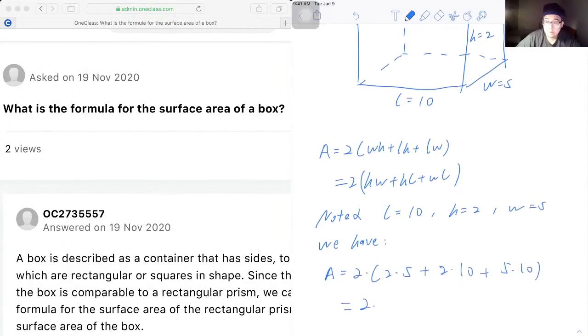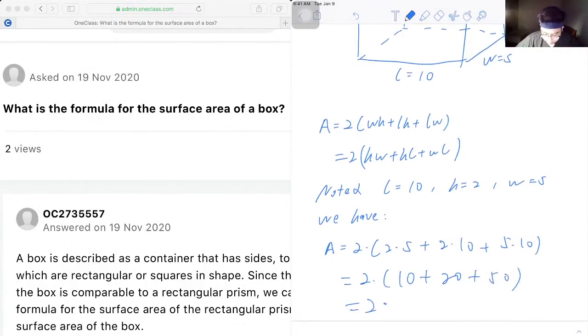We just need to simplify this, so that's going to be 10 plus 20 plus 50. So that's going to be 2 times 80, which gives us 160. That's our answer.